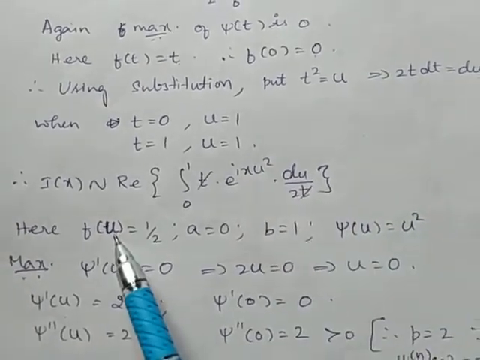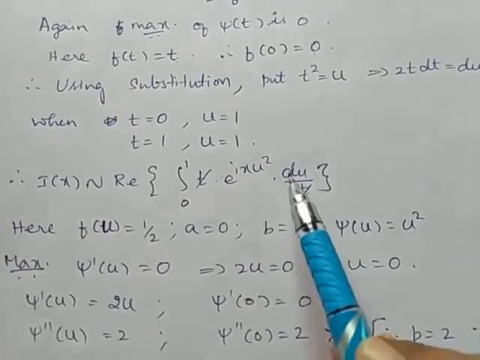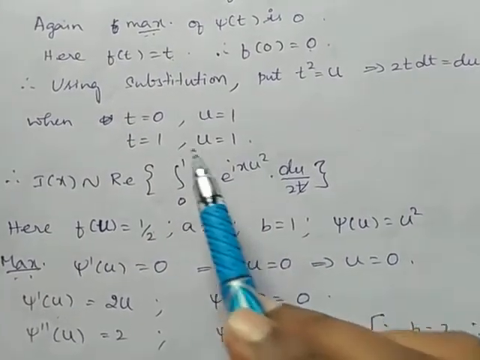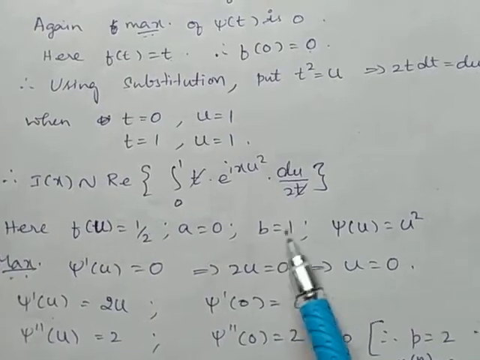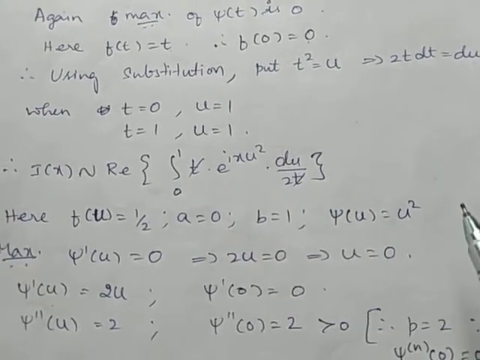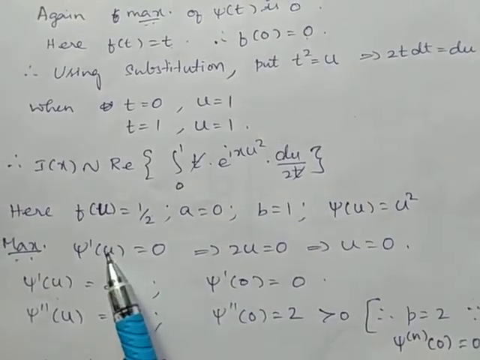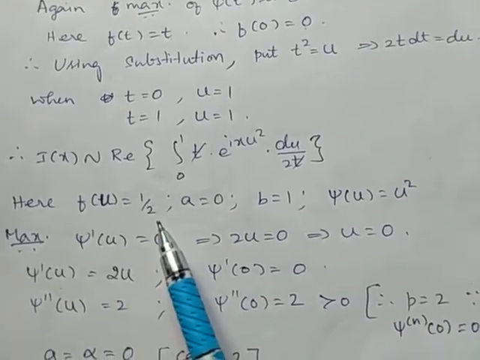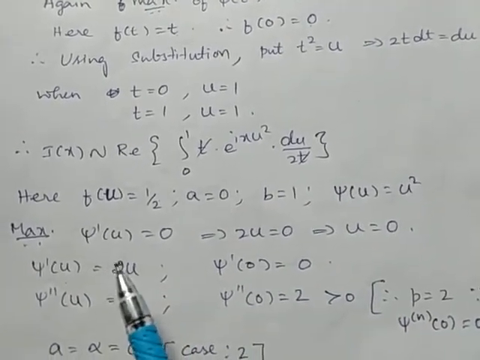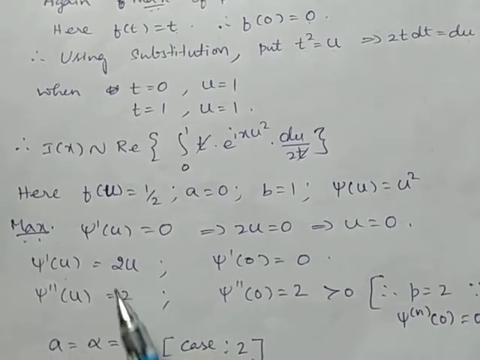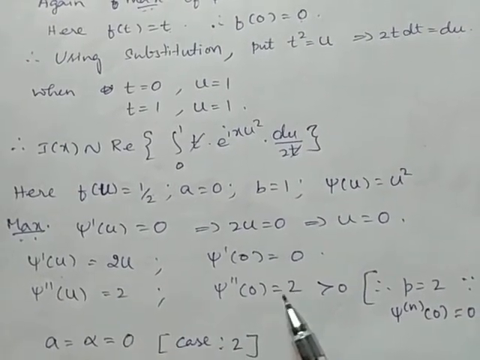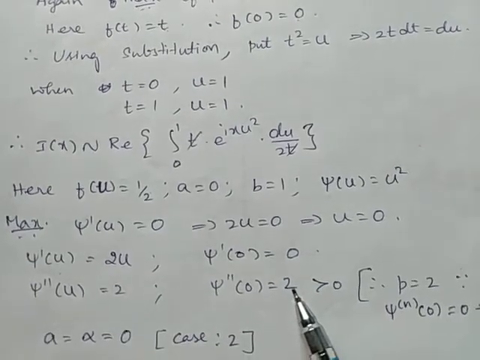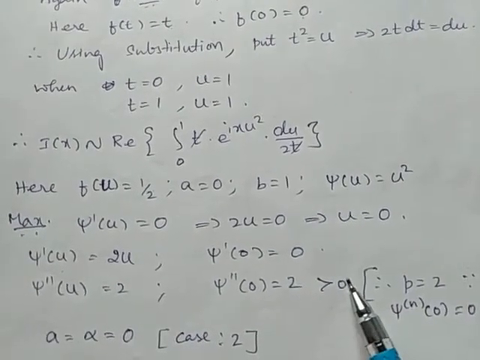Now f of u is 1 by 2, a constant. Lower limit is 0, so a is 0, upper limit is 1, therefore b is 1, xi of u is u square. Differentiate it, 2u, u is 0, f of 0 is 1 by 2. We can proceed. If we differentiate again, differentiation of 2u is 2 itself. When we put u equal to 0, we will get xi double dash of 0 equal to 2, which is greater than 0.